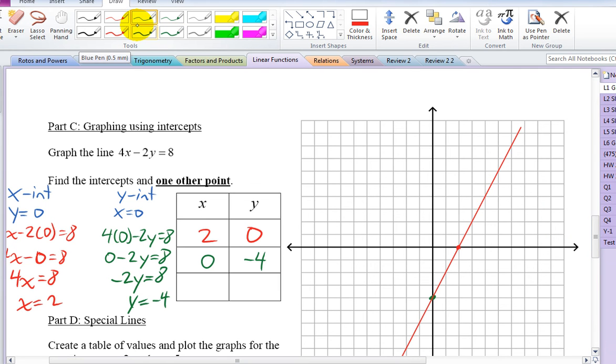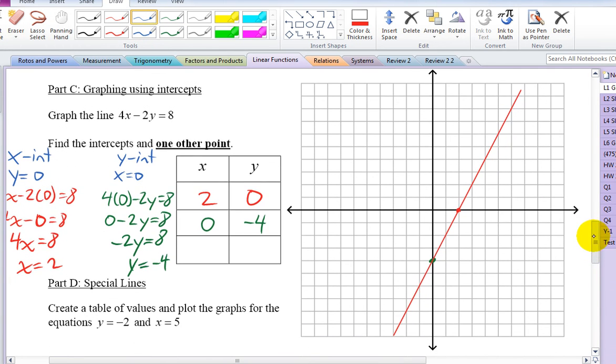Okay, so there's 2 points, nice straight line, looks good. And we should label that 4x minus 2y equals 8.